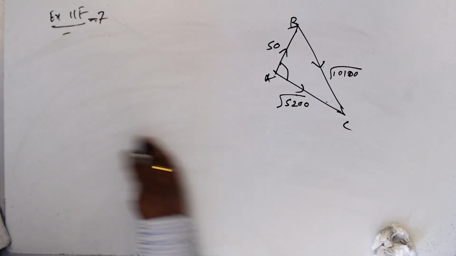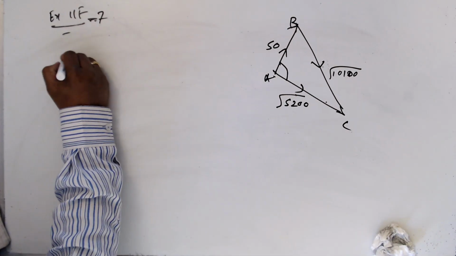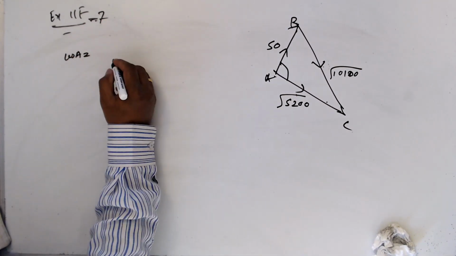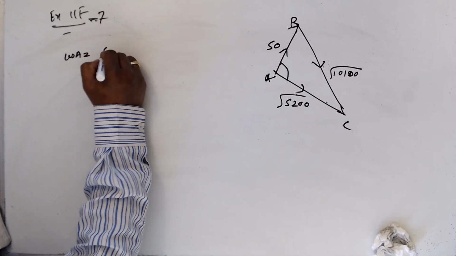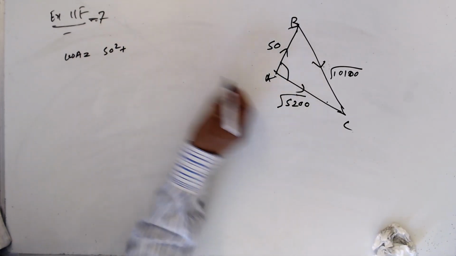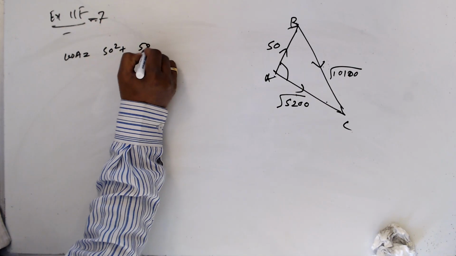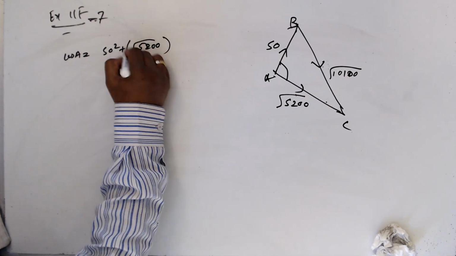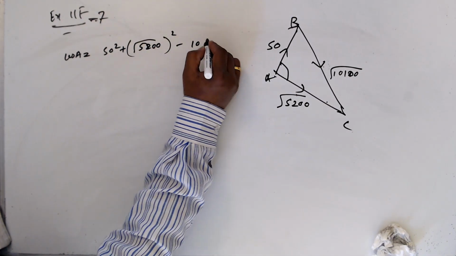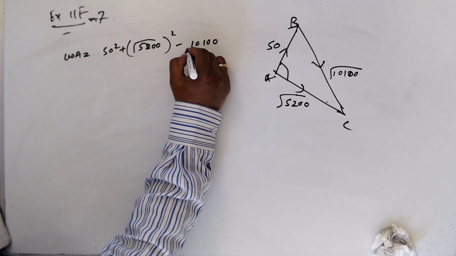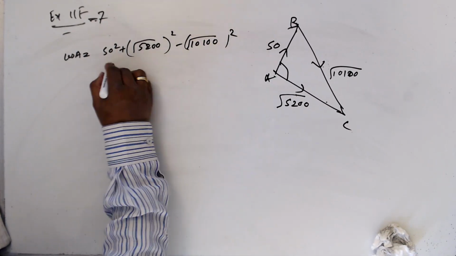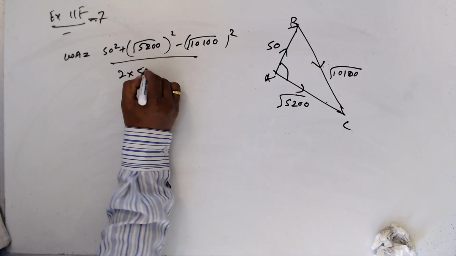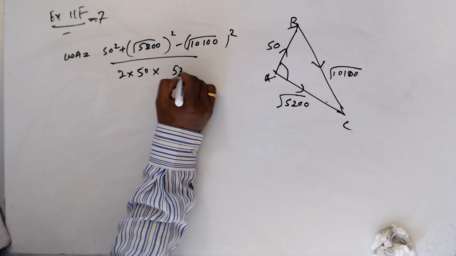No more vectors. Now it's chapter 9, cos A equals 15 squared plus 5200 square root squared minus 10 100 square root squared, minus 2 times 50 times 5200.